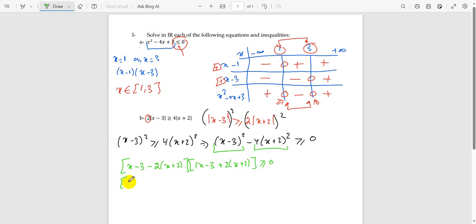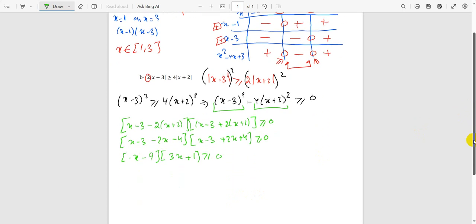Now let's simplify it. x minus 3 minus 2x minus 4, times x minus 3 plus 2x plus 4, greater than or equal to 0. x minus 2x is minus x, minus 7, times 3x plus 1 is greater than or equal to 0.